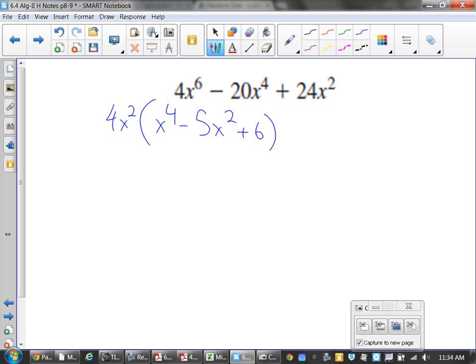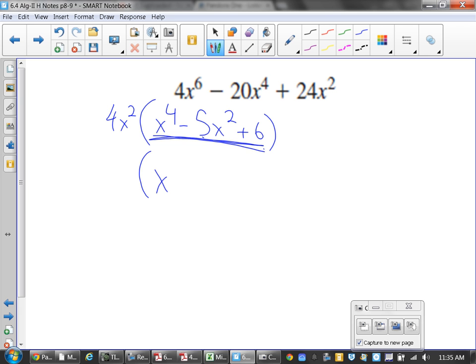So now, treat this like you would a regular old trinomial. The reason you want to treat it as a regular trinomial is to look at your degrees: 4, 2, nothing. Going down by half each time. So what you're looking at here is what times what is 6 and adds together to get 5.